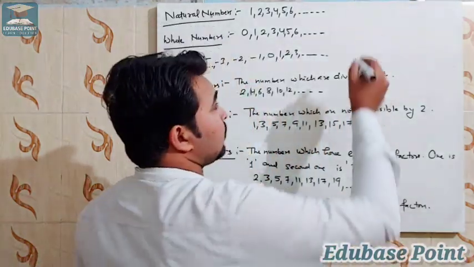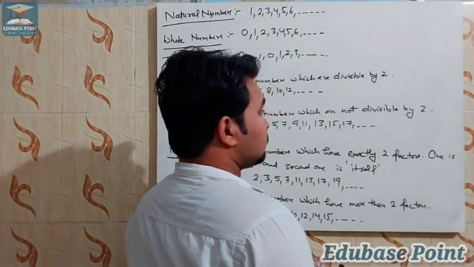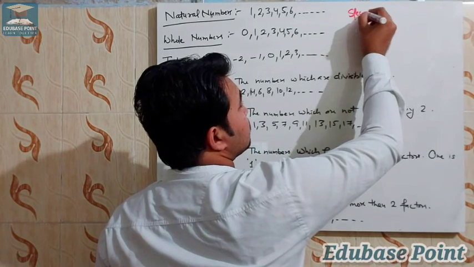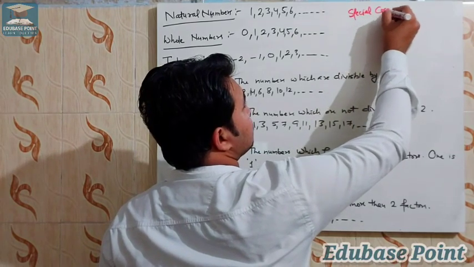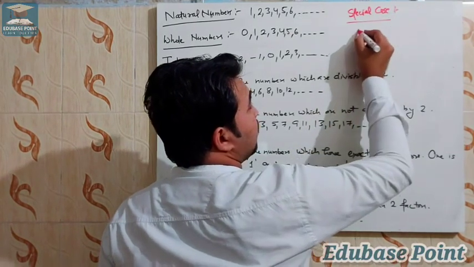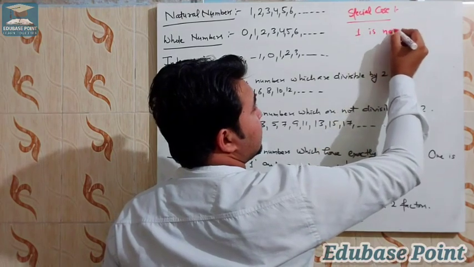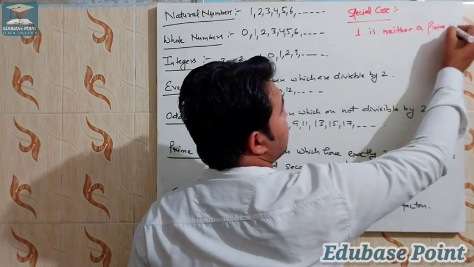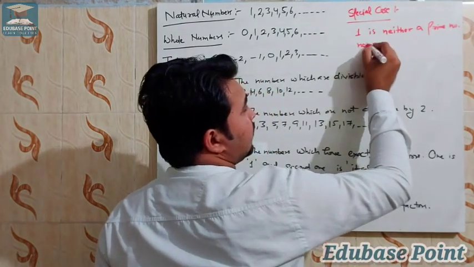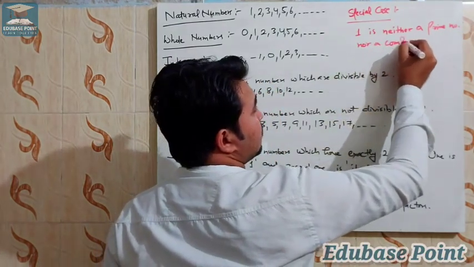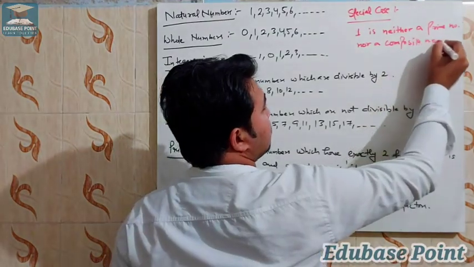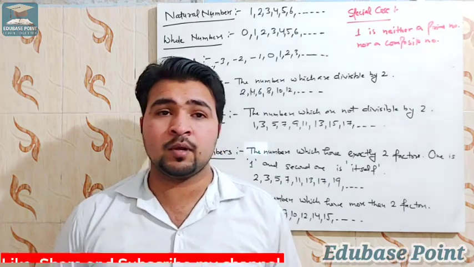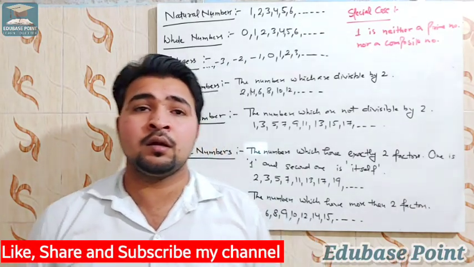Means to say, 1 is neither a prime number nor a composite number.